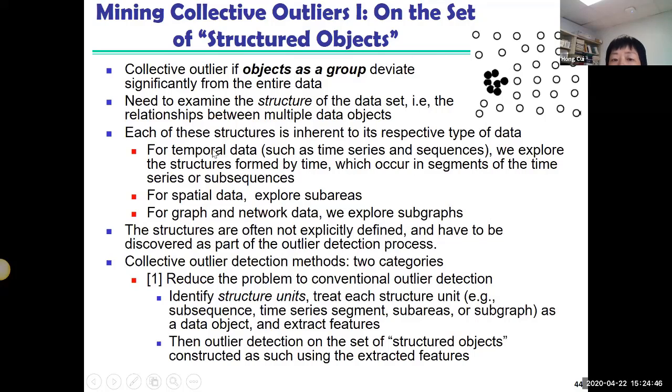So collective outliers are often very application dependent. There is not a collective outlier detection algorithm that works for all of our collective outlier detections, because the structure of the underlying data is different. For example, there are 3 examples mentioned in the book: temporal data, time series and sequences, spatial data.